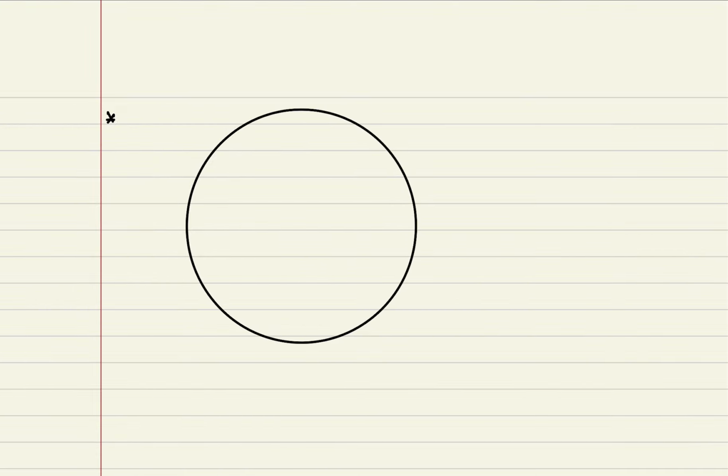Let us consider a particle moving in a circular path. Let us consider this particle is starting from point A and reaching point B. If the radius is r, what are the distance, displacement, and average velocity?